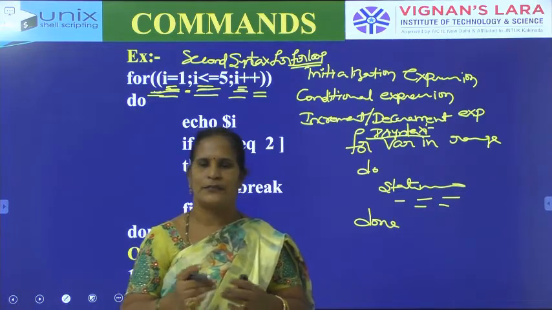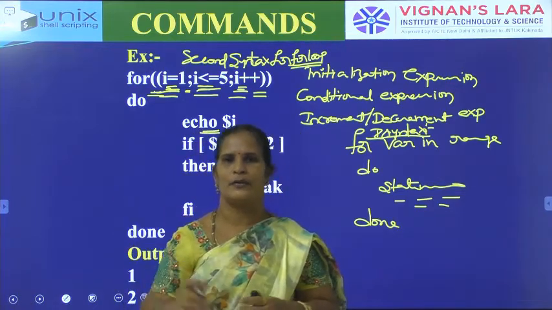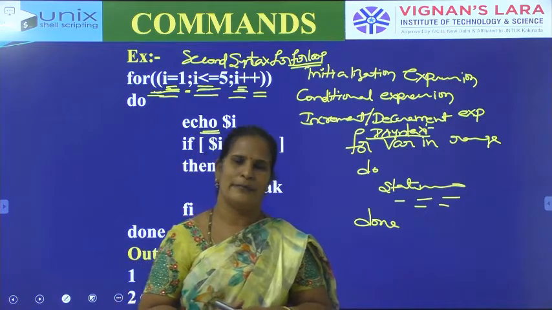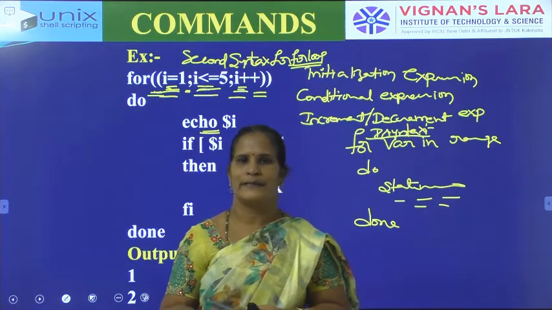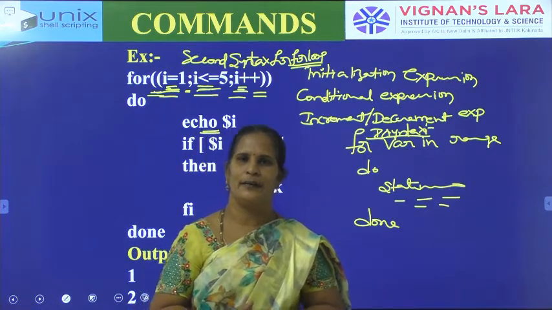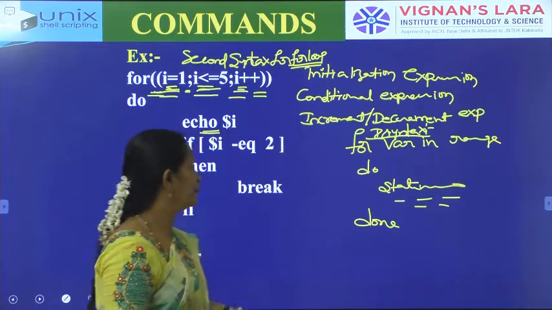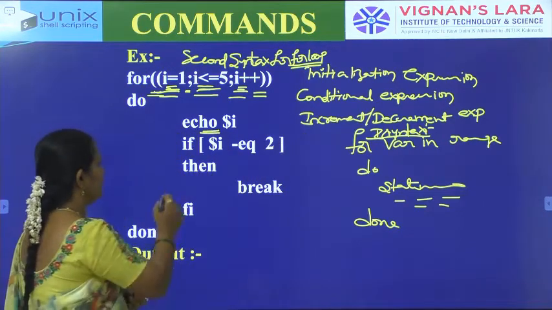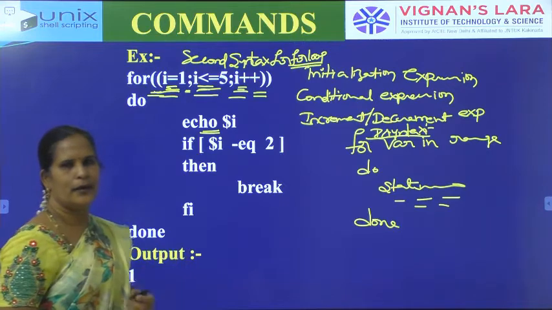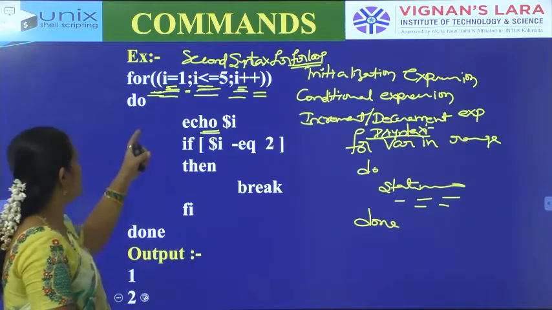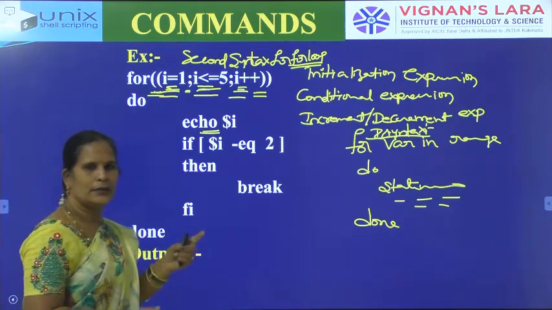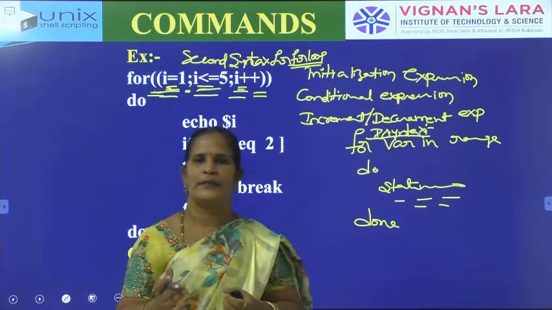Next, if $I equals 2: the new value of I is 2, and 2 equals 2 returns true. Here the if condition returns a true value, so it is going to execute the statements specified between then and fi.